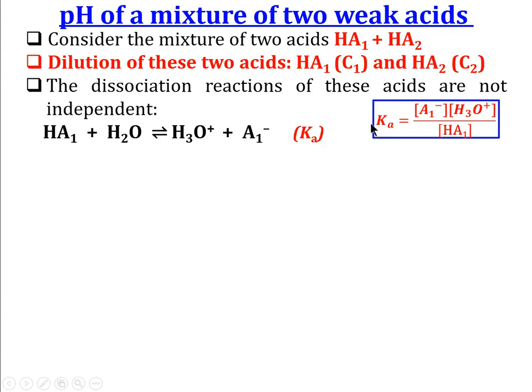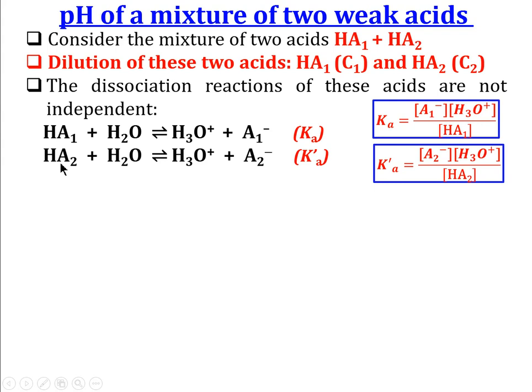So K of this reaction equals Ka, equal to A1- concentration times H3O+ concentration divided by the concentration of HA1, and all these concentrations are at equilibrium. In the same way, HA2 dissociates in water partially to give H3O+ and A2-. K for this second reaction is equal to K'a of the couple HA2/A2-.